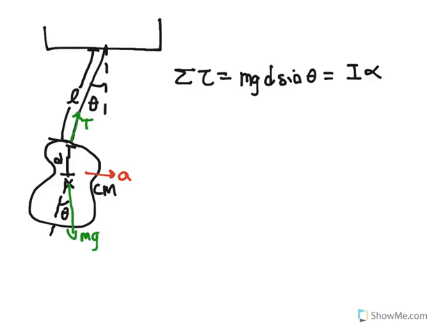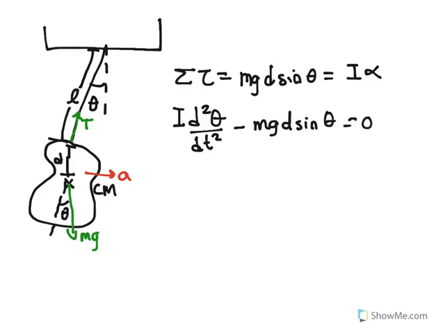We can rewrite this equation as I times the second derivative of the angle with respect to time minus mgd sine of theta equal to 0.